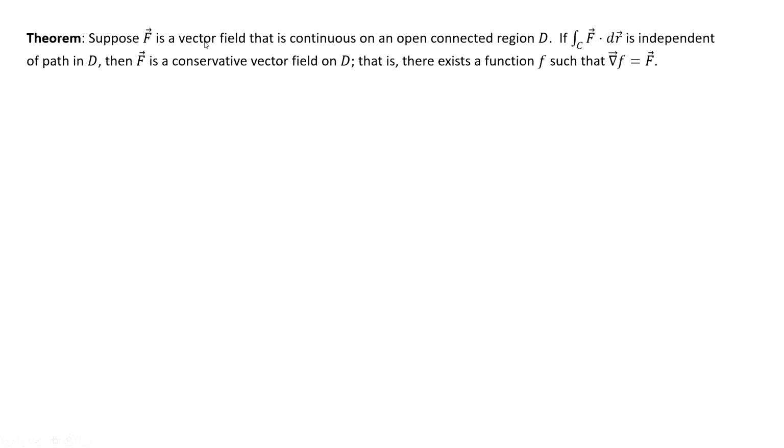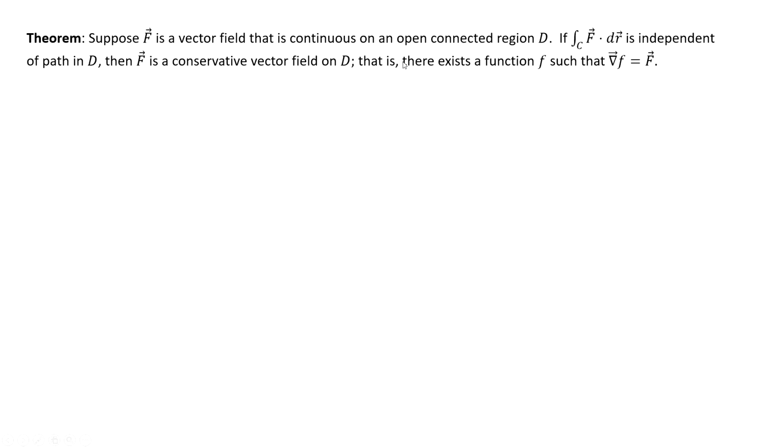What is that? If F is a vector field that is continuous on an open connected region D, and if the line integral of F dot dr is independent of path in D, then F is a conservative vector field on D. In turn, what does that mean? This is the money statement.